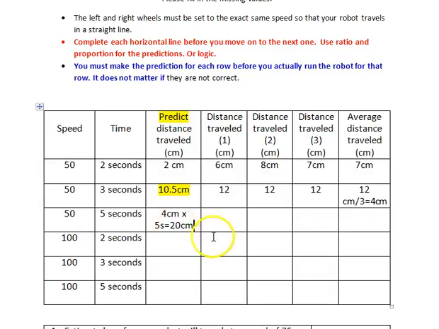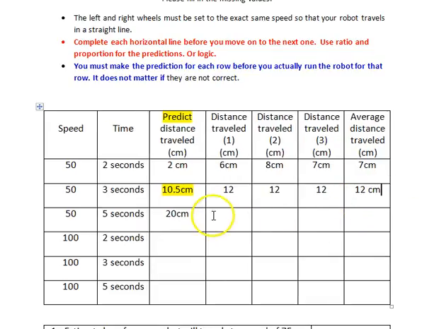We think it's going to move 20 centimeters. Again, you don't have to put the math in. You can just put the numbers in. That's all going to be done in your head. And then you're going to measure, and you're going to get a figure.